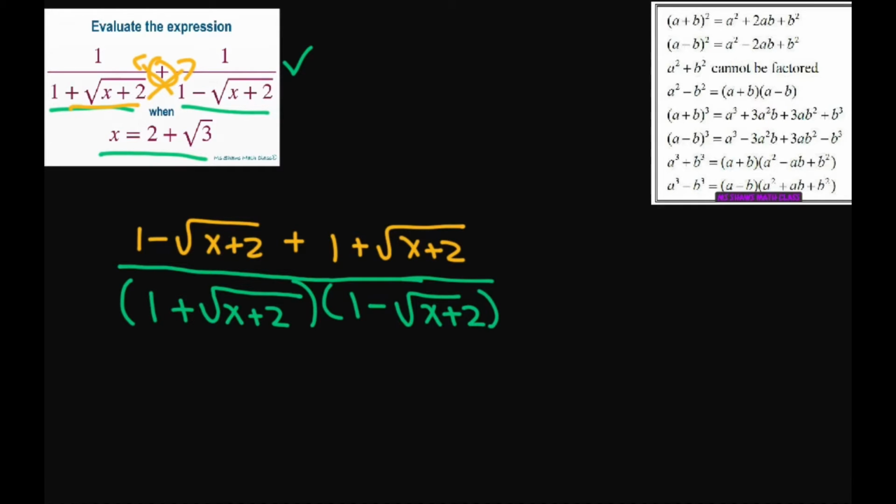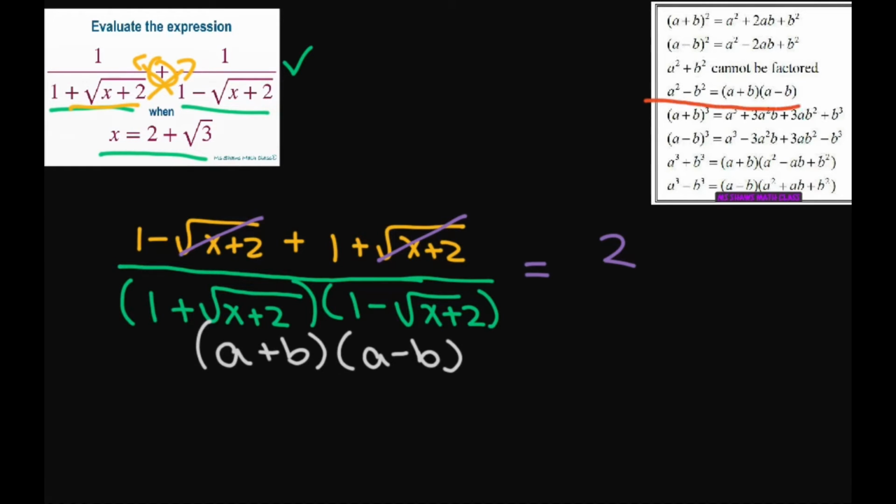All right, so it looks like in our numerator, these two are going to cancel out, so we get 2. Now our denominator has this form of a plus b times a minus b. That's our difference of squares, which is going to be a squared minus b squared, where a equals 1 and b equals square root of x plus 2.